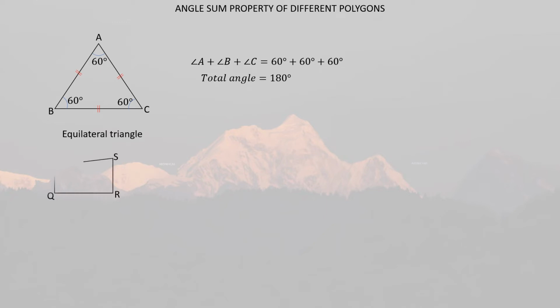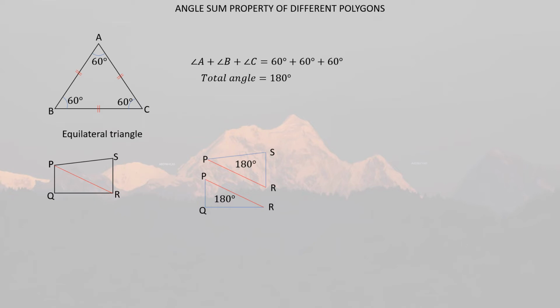Let us take a quadrilateral PQRS. When we join P and R, we get two triangles, PRS and PQR. As we know, the angle sum for each of these triangles is 180 degrees.